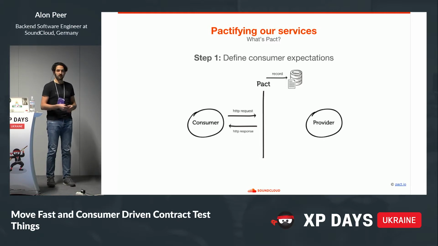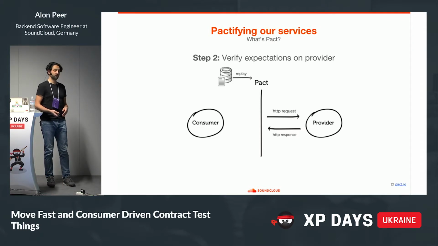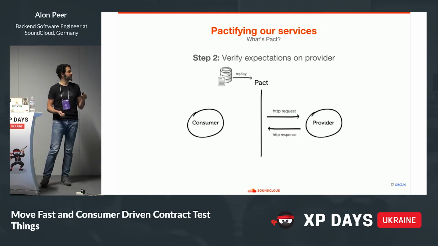This Pact file is kind of a JSON format, and we'll take a look at an example later. And then once we have that, we can asynchronously run a verification phase on the provider side. The Pact framework will allow us to run a pact verify command, which will basically replay those HTTP requests against our provider and verify that the HTTP response matches what is expected.